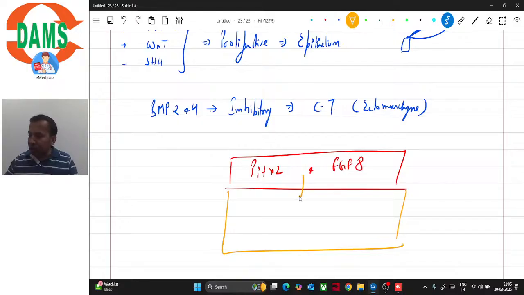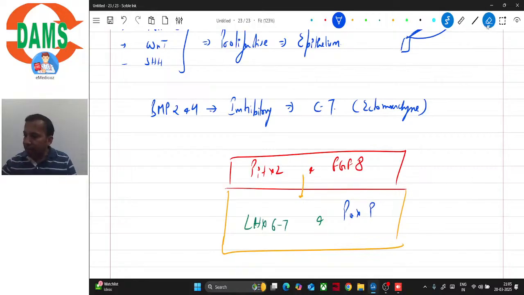So in response to these, LHX6 and 7 and PAX9 will be expressed in the ectomesenchyme.